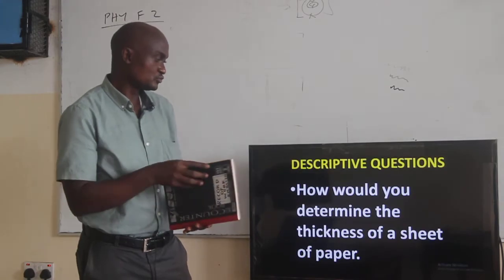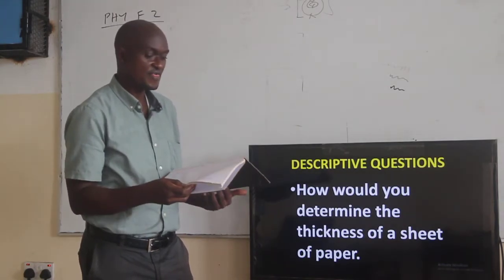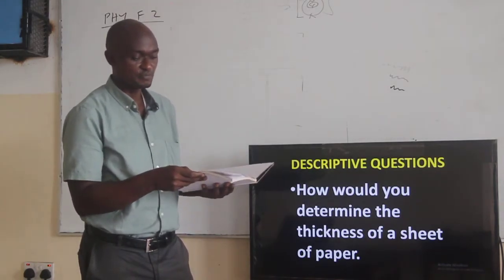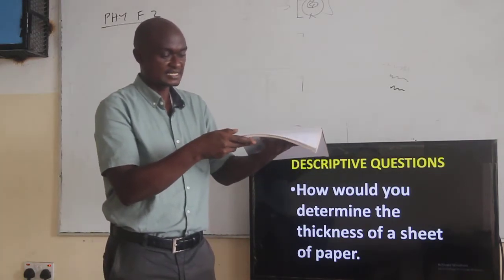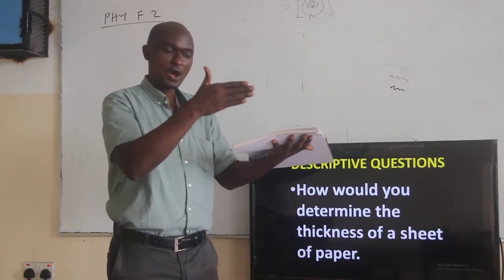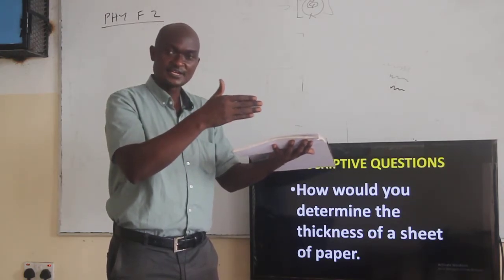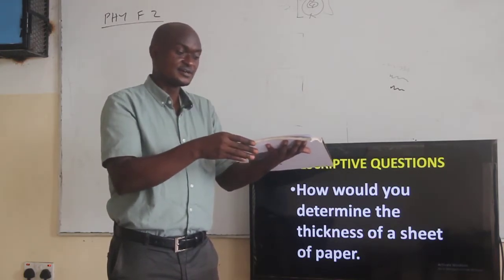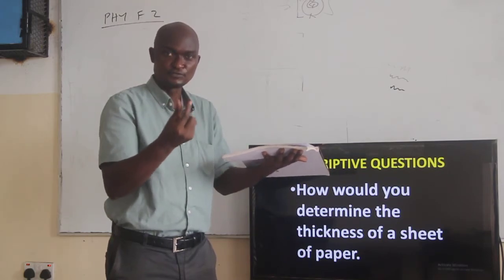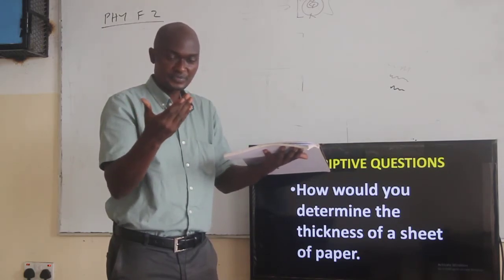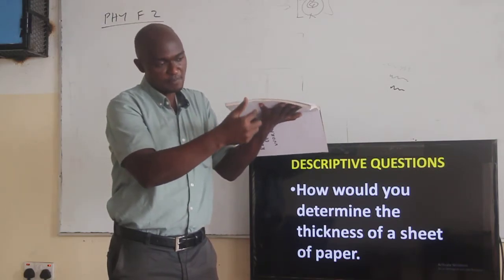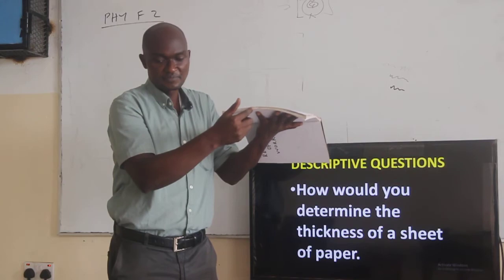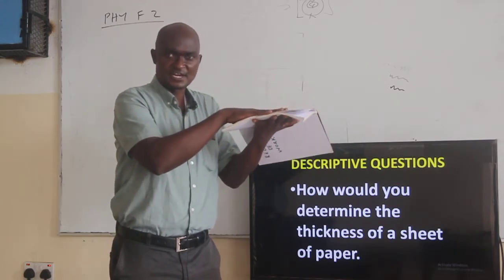Now, normally what you do, to get the thickness of one sheet of paper, you put a known number of papers. Let's say 200, or 300, or 400, or 500, like a ream of foolscaps, or even more. Let's say you know that they are 500.